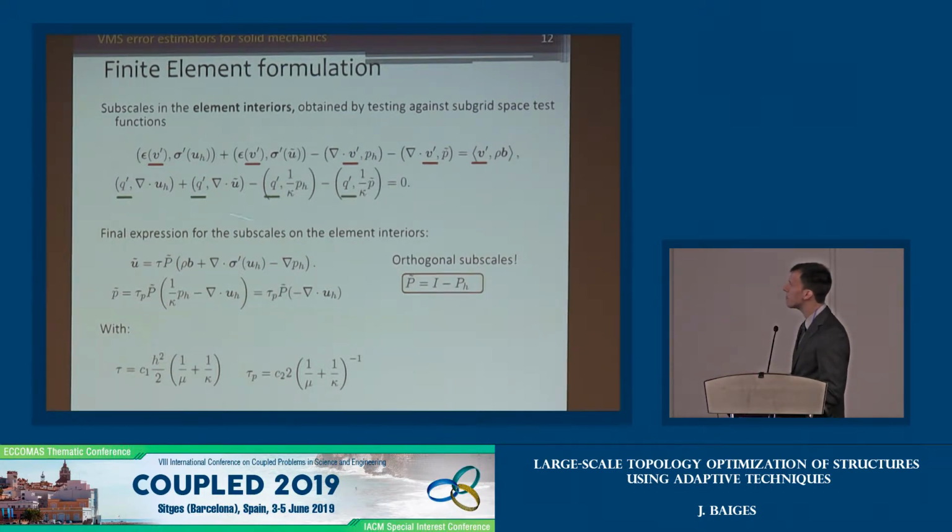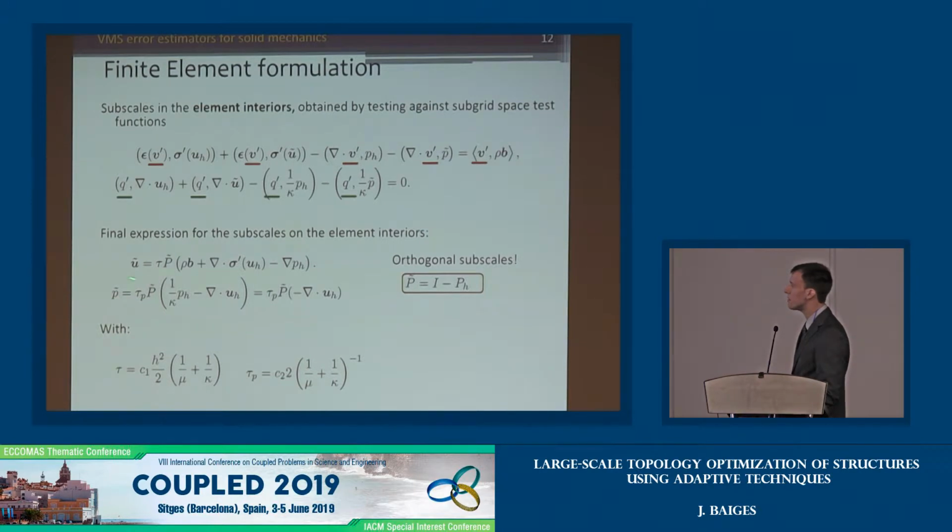If we work a bit with this expression, and we diagonalize some of these operators by means of a matrix of stabilization parameters, we arrive at this final expression for the displacement subscales on the element interior. In this case, they are expressed as the product of this stabilization parameter times the projection onto the space of displacement subscales of the residual of the momentum equation, and the same for the pressure subscales.